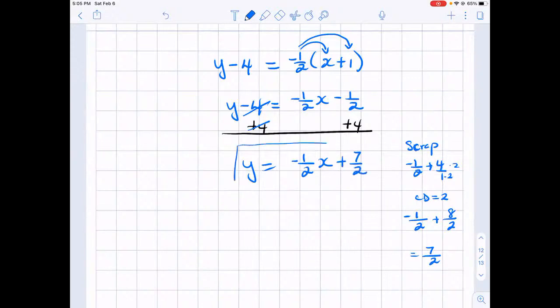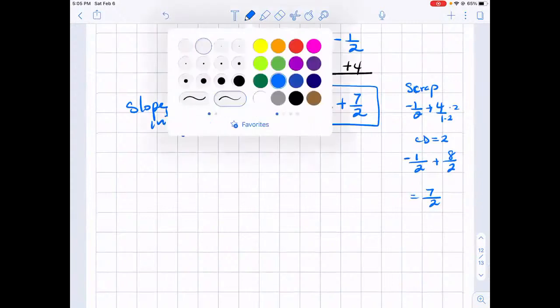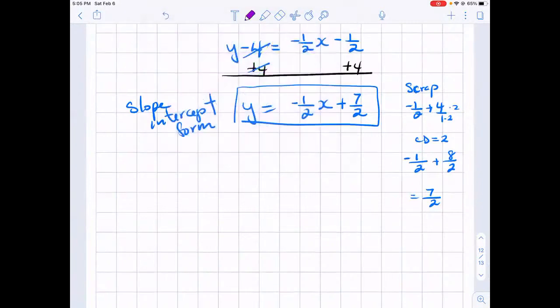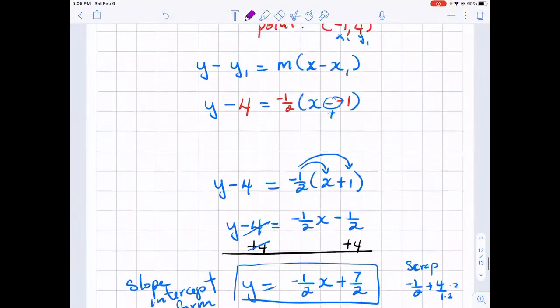Now we're not finished because this is slope-intercept, and they want the answer in standard form, right?